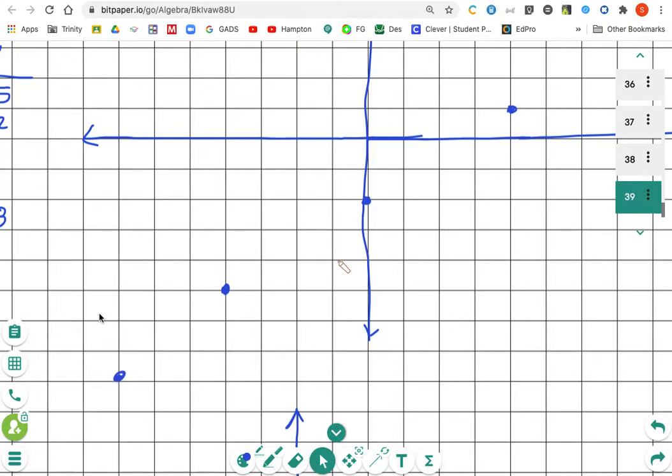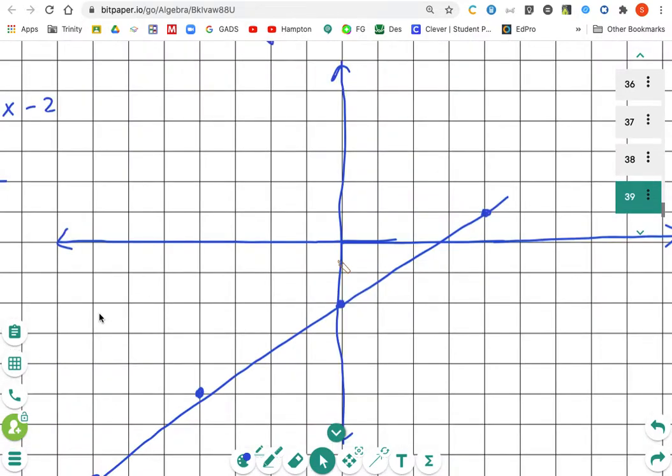I'm going to connect my dots, or my ordered pairs. And you'll notice that the slope is going to be positive, and no part of the graph goes through or touches the origin, so it is non-proportional.